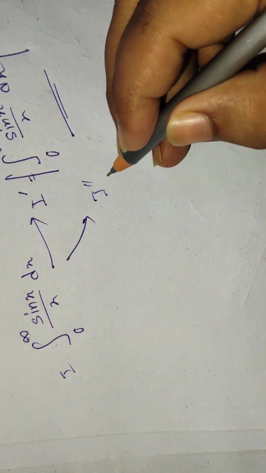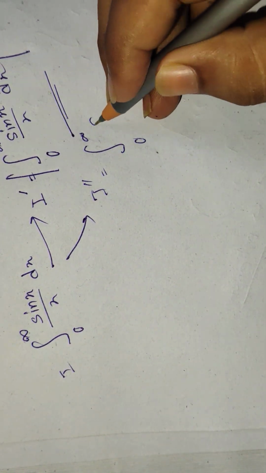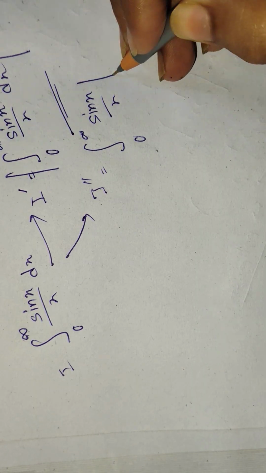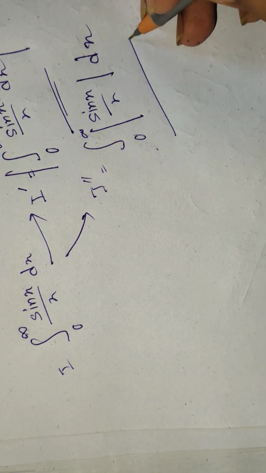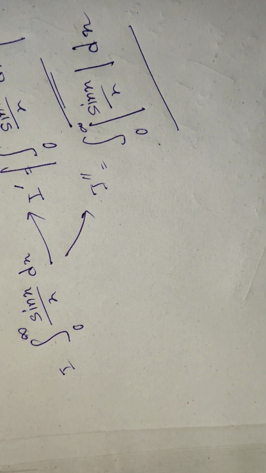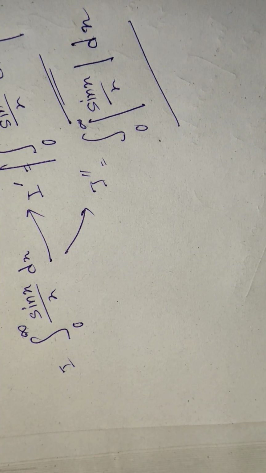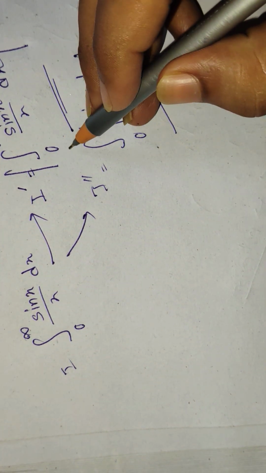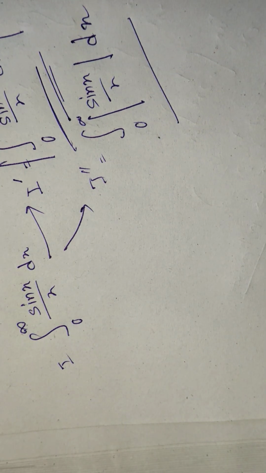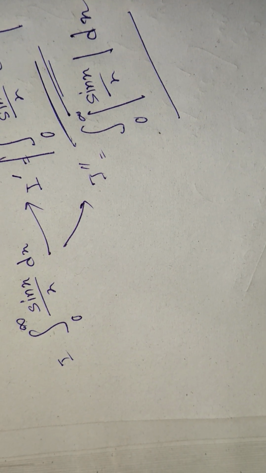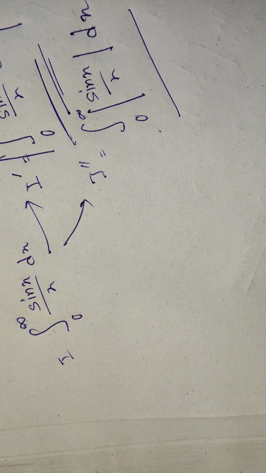If I double prime, which is the integral from 0 to infinity of sin x by x, converges, then I converges, though not absolutely. Absolute convergence is not possible in that question because we can't integrate it.